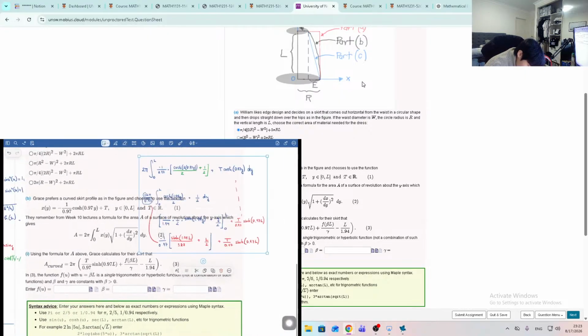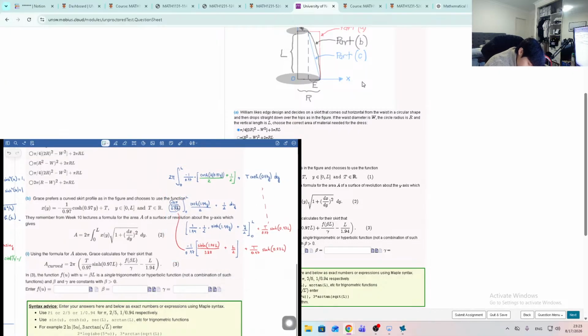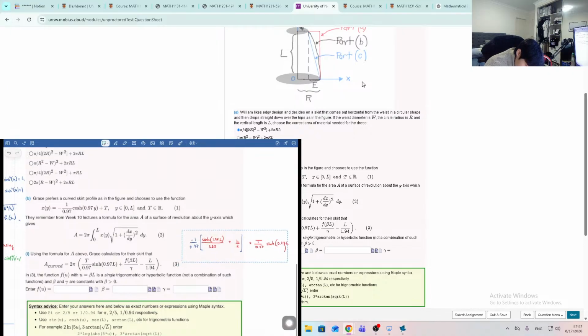Which they're saying is equals to, right.